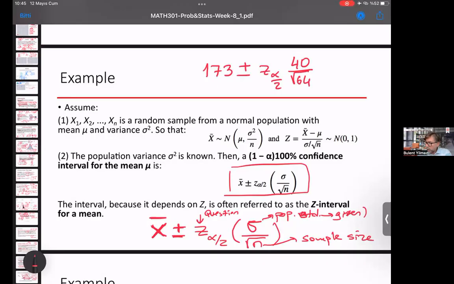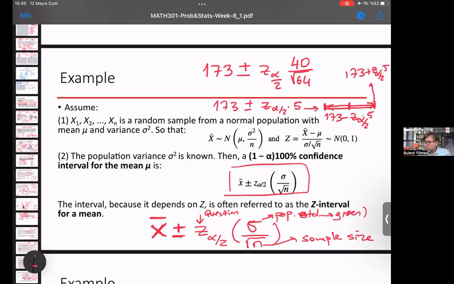Finally I will have 173 plus and minus z alpha over 2 times 5. So my confidence interval will be from 173 minus z alpha over 2 times 5 up to 173 plus z alpha over 2 times 5.